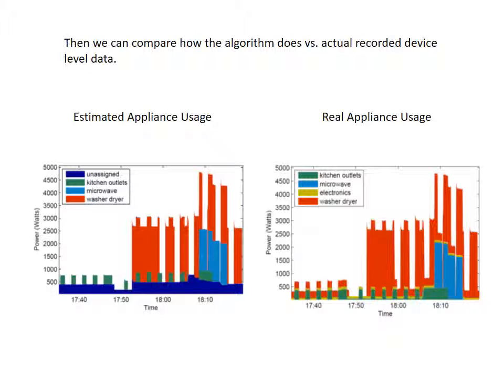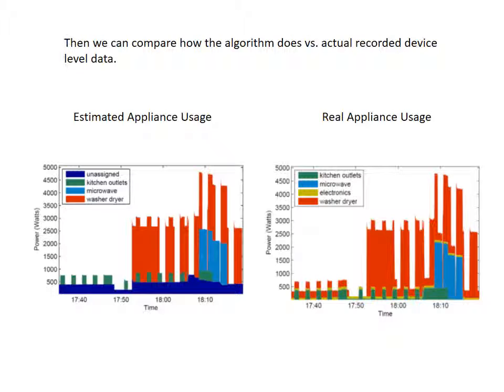And then ultimately, in order to test the accuracy of the algorithm, we compare the estimates of what we assigned to what was actually measured, right? So we want to have some ability to quantify the accuracy of the algorithm that we came up with. In this case, there's some level of obscurity in terms of being able to identify what devices are being used at really low load levels or power consumption levels.